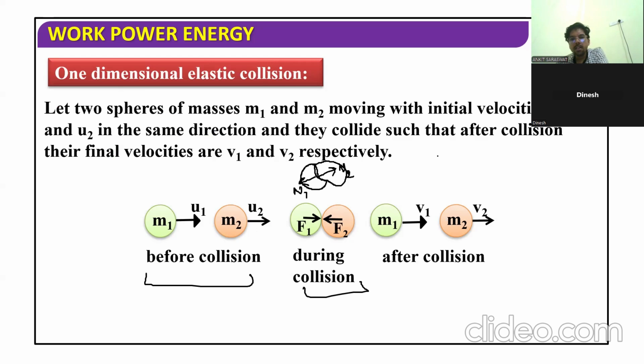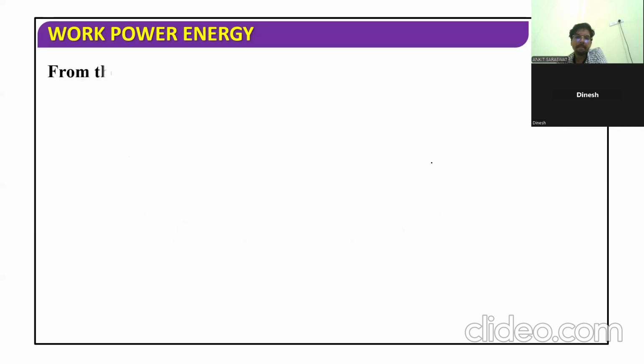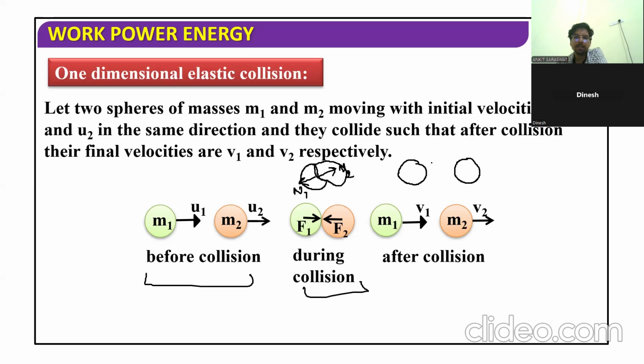Perfectly elastic collision means after collision, it will gain its exact shape. There is no deformation left. Otherwise, some energy is going to be lost in deformation. We can check this diagram.